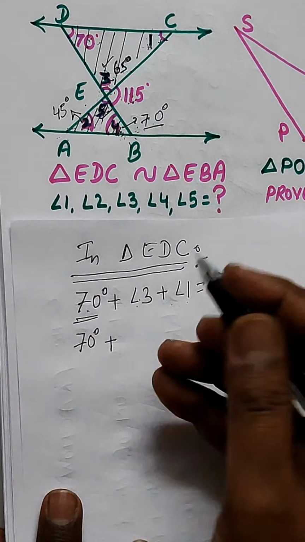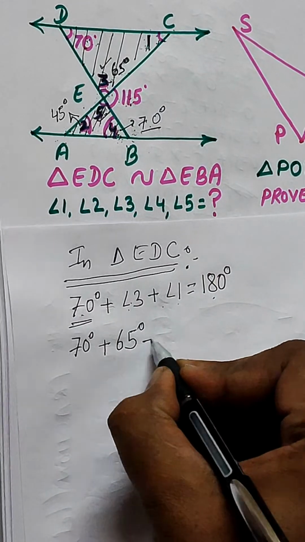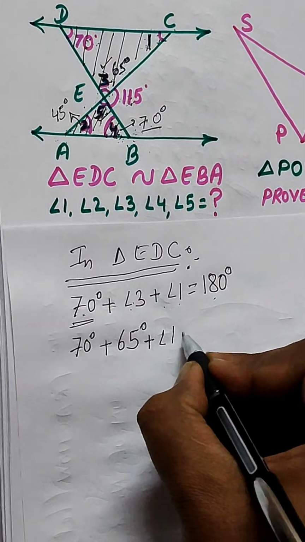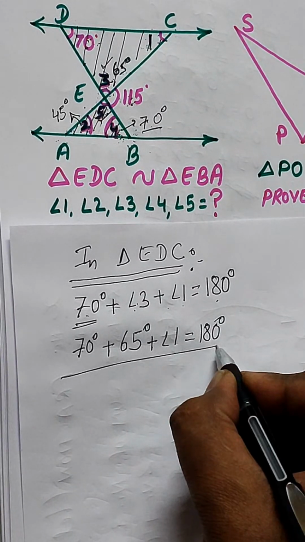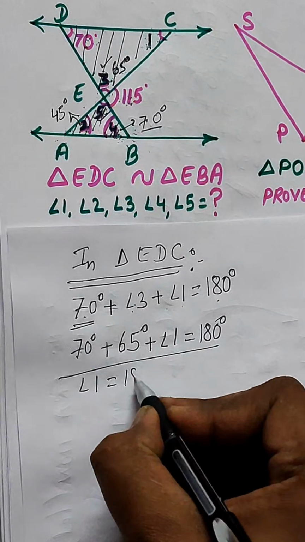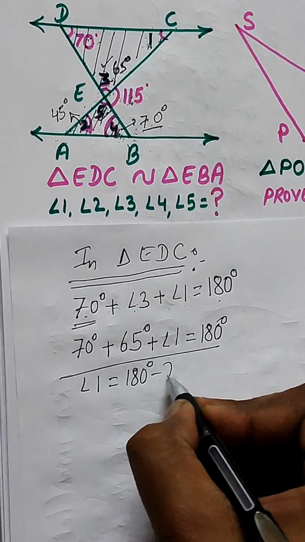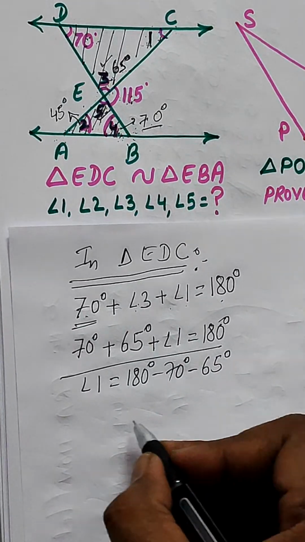So angle 3 is calculated as 65. So put up the value of angle 3 over here, and in this way we will calculate the angle 1, because this is the only variable which is left with us. So from this equation, angle 1 can be written as 180 degree minus 70 degree minus 65 degree, right?